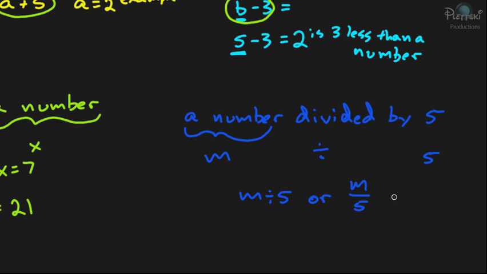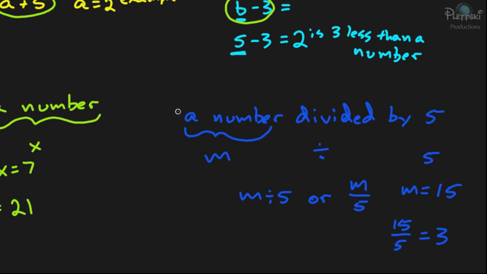And then to check this, you could put in, what if m equals 15? Okay, well 15, that's going to be our number, right? M. So we're saying, what if we have a number 15 divided by 5? Well, that's going to equal 15 divided by 5, which is 3. Okay, now there are other ways to see this in English.